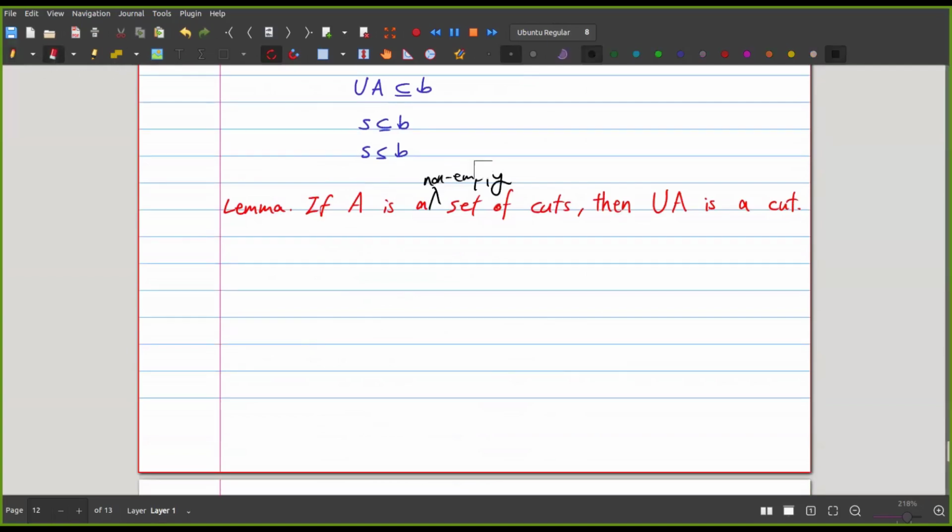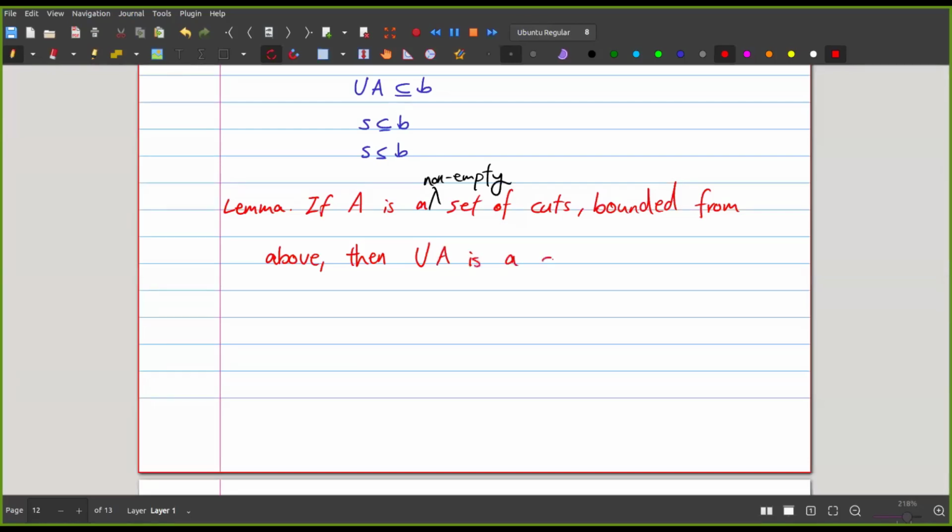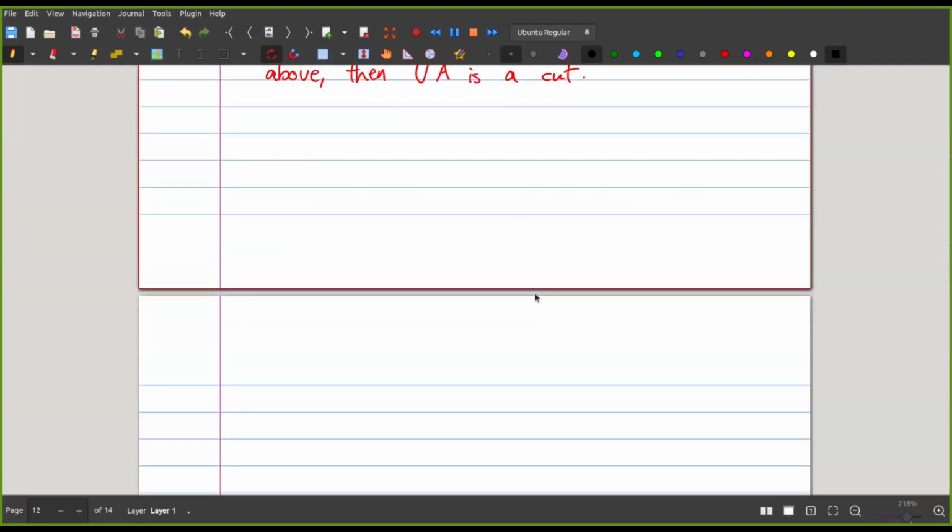So let's say A is a non-empty set of cuts that is bounded from above. Then the union of A is also a cut. And again, remember, cut and real number are the same thing.